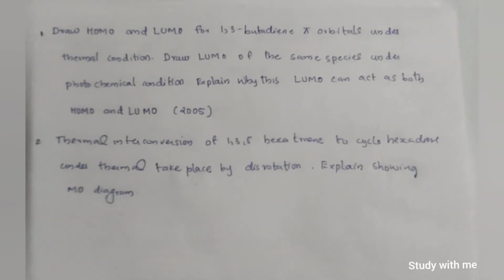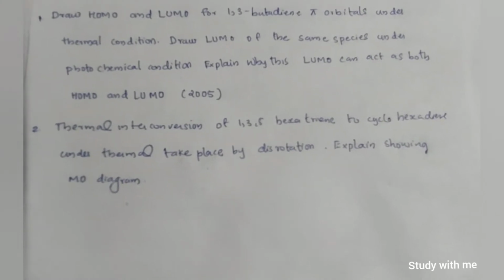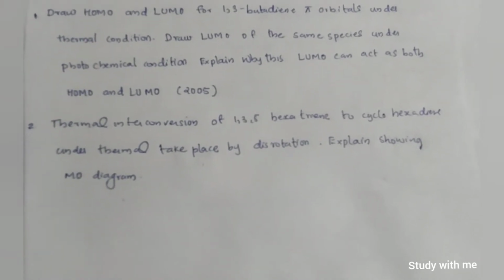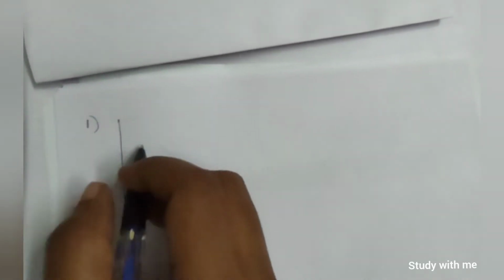Answer to our first question. In the first question, we have to draw the HOMO and LUMO for 1,3-butadiene pi orbitals under thermal condition. So for answering this question, first we have to draw the MO diagram, isn't it? I have already said in the previous video, that is part 1.